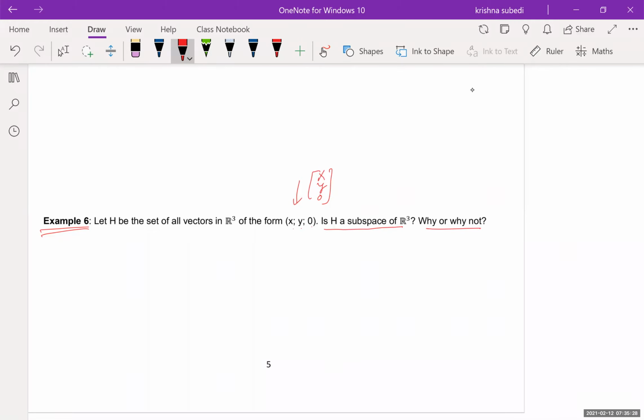If you know how to do one, I think you can do pretty much all the problems in a similar manner. So, solution. Here we need to verify three conditions, axioms or conditions.